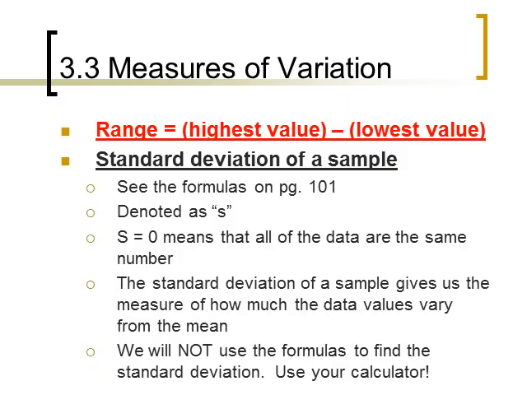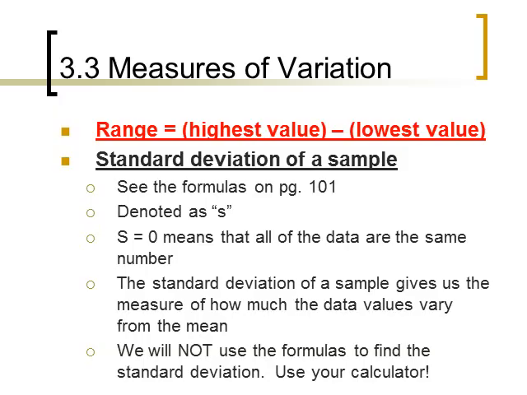Another way to look at how data varies is to find the standard deviation of the sample. Your textbook does have formulas on page 101, however we're not going to use those formulas on the test. Those formulas are very time consuming and tedious, as you can see if you try to work them out when you do your homework.